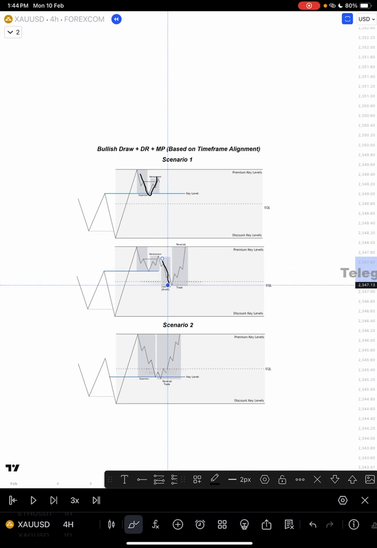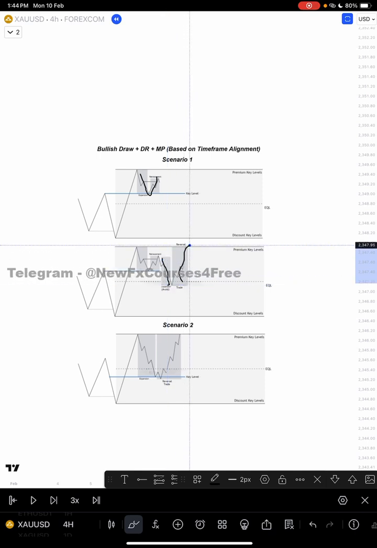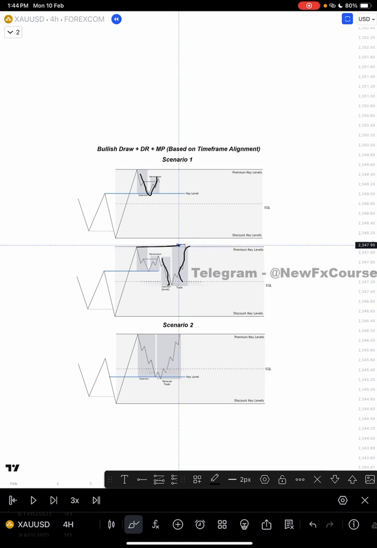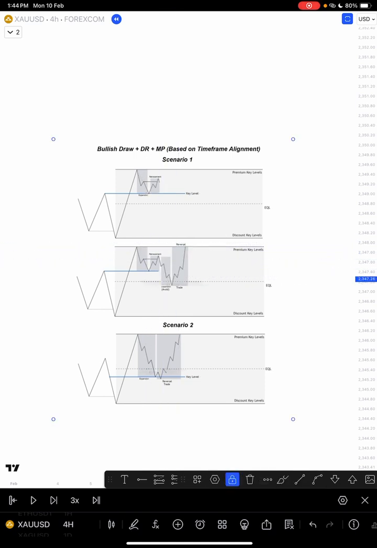So what do you have to trade? Avoid this expansion move lower. You have to position yourself on this reversal profile, targeting where? Our daily range high. So that's that for this.